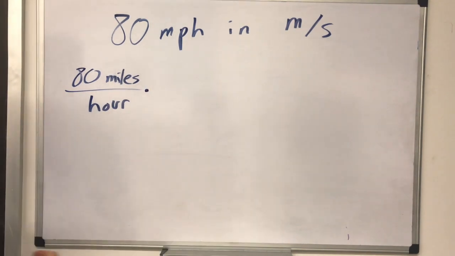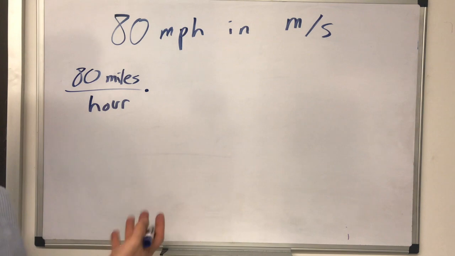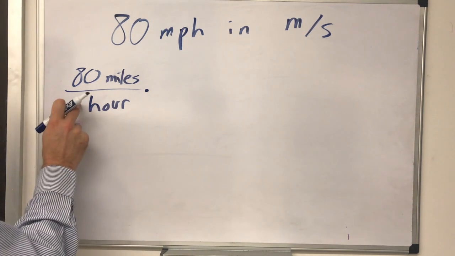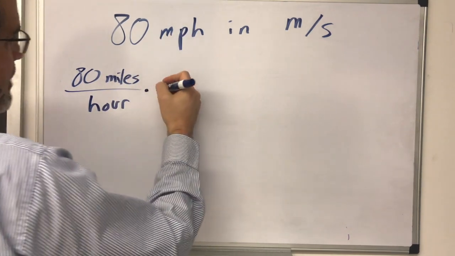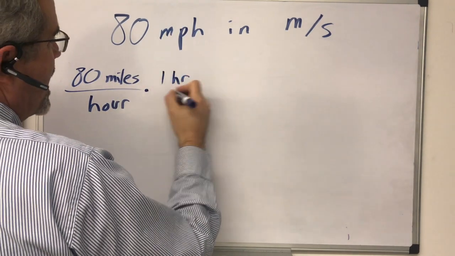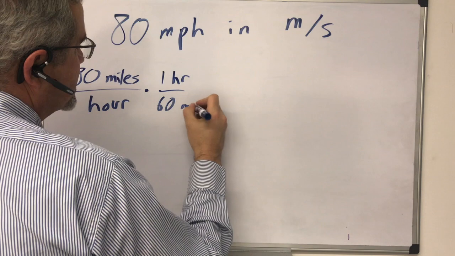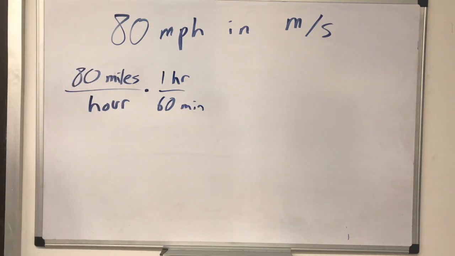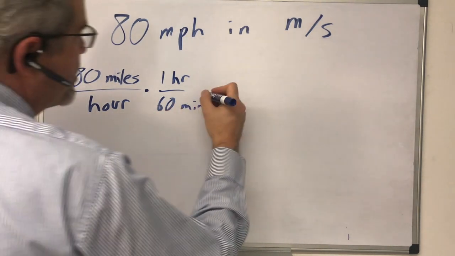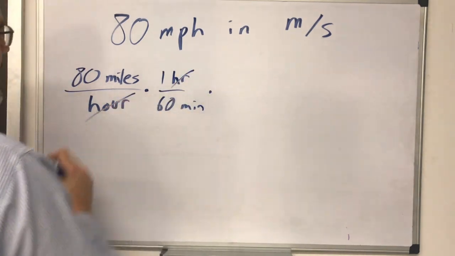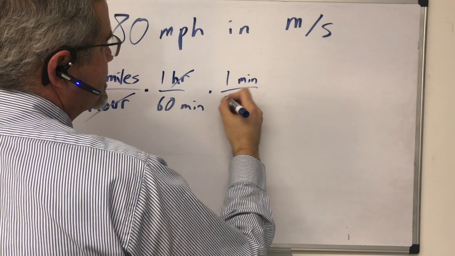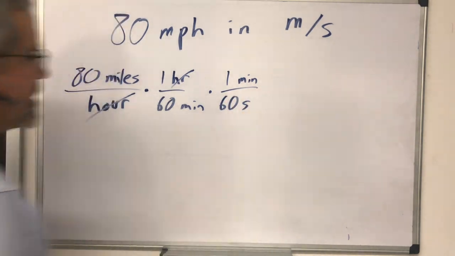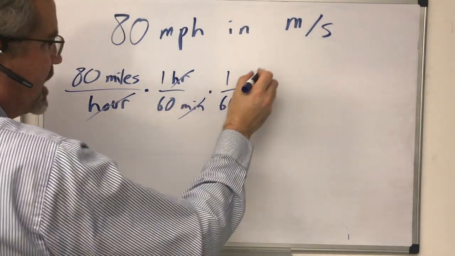I know that there are 60 minutes in an hour, so 60 minutes is equal to 1 hour. Now I have hours on the bottom here, so I'm going to put hours on top. So 1 hour is equal to 60 minutes, and hours are going to cancel out. I also know that 1 minute is equal to 60 seconds, right? And then minutes are going to cancel out.